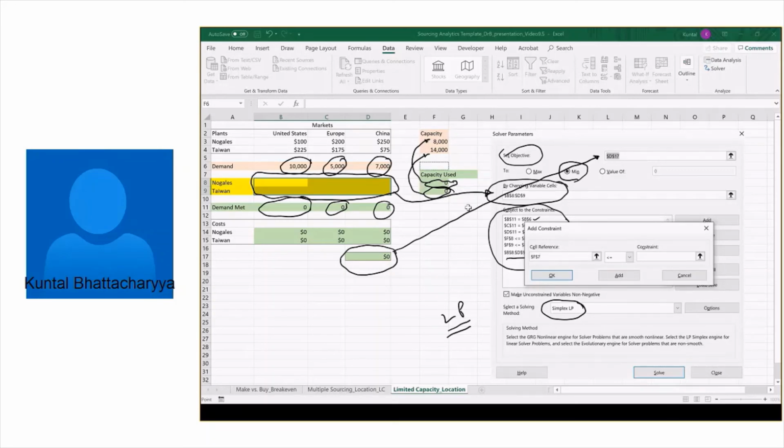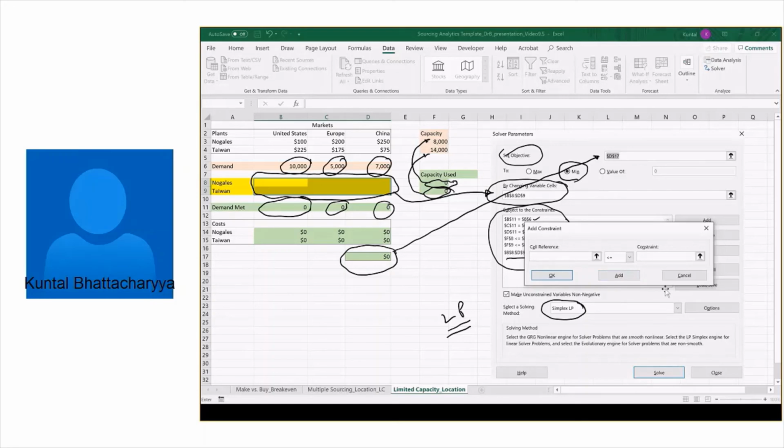So the first constraint that I'll use is cell F8, and I'll make it less than or equal to that cell, okay? The other one that I'll use is cell F9, and it will be less than or equal to the 14,000 value.